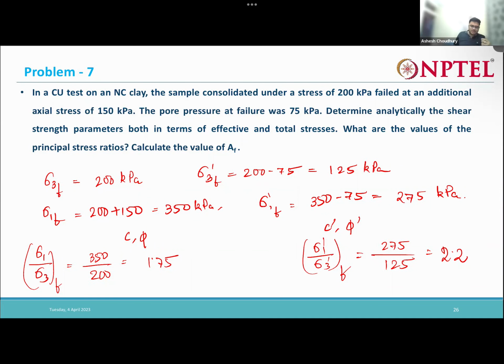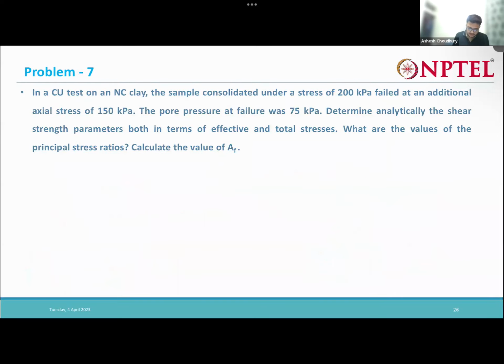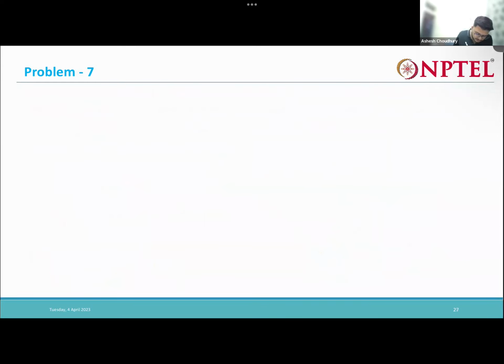Now, my next part is to determine C, phi and C dash, phi dash. So how to determine these values? Let us go to our basic equation. What was the basic equation? Sigma 1 is equal to sigma 3 tan squared of 45 plus phi by 2, plus 2c tan of 45 plus phi by 2.